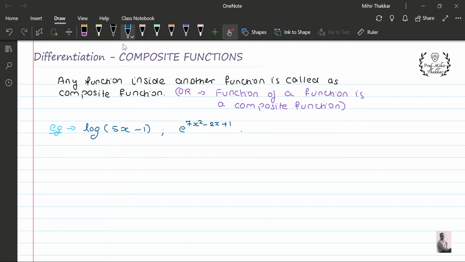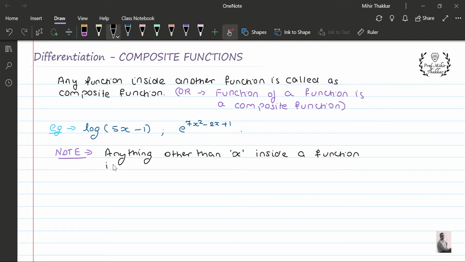Always remember a simple thing. I'll give you a note. Anything other than x inside a function is considered as fx.